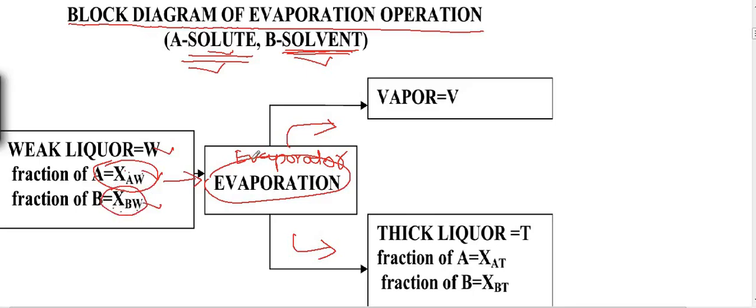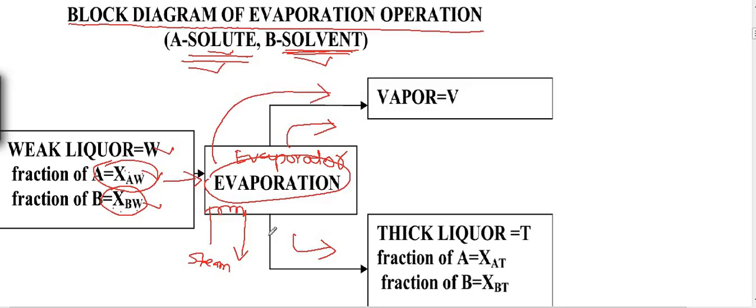That is given to the evaporator. In the evaporator, a certain part of the solvent present in the weak liquor is vaporized, and for this vaporization, steam is supplied. With the help of steam energy, that part of the solvent is vaporized and removed from the top of the evaporator.